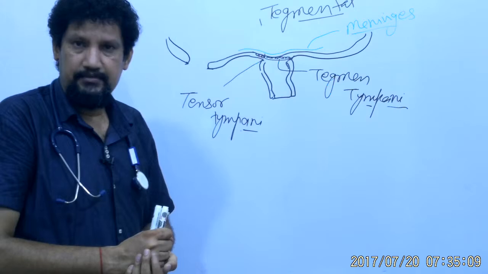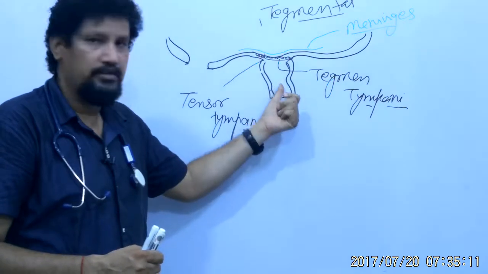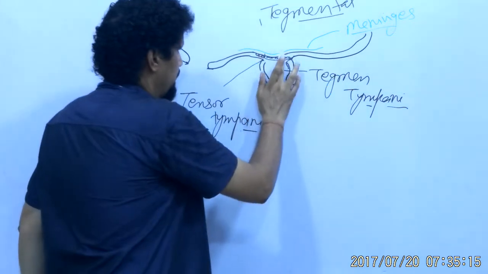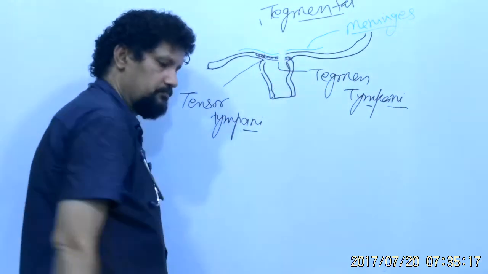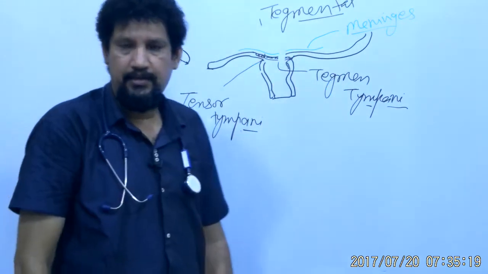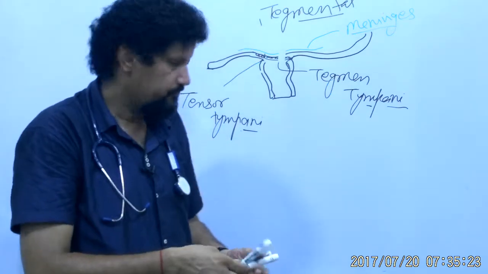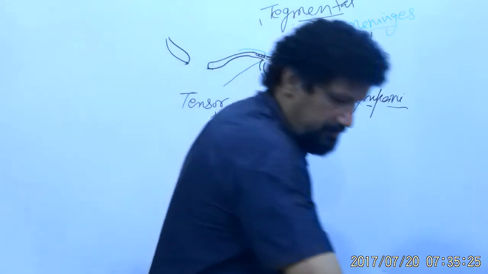What happens in newborns and children? This part remains open and it is known as the petrosquamous suture.